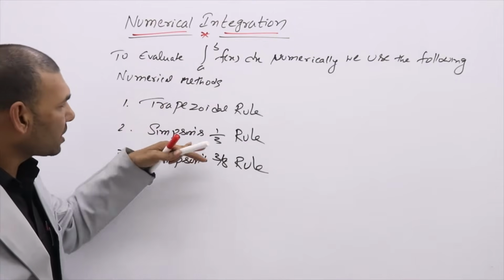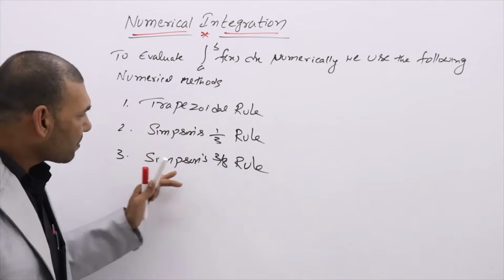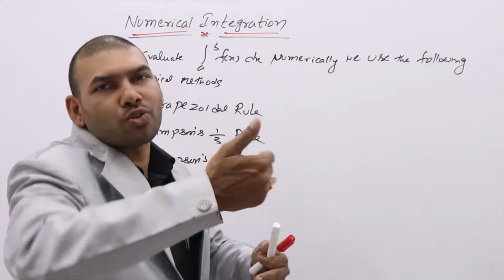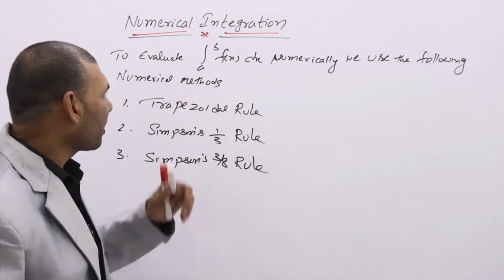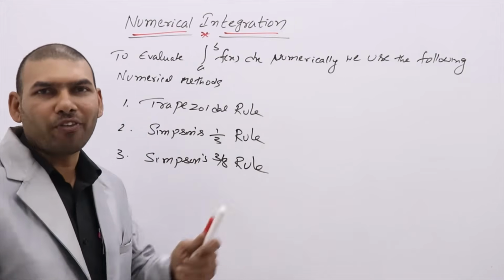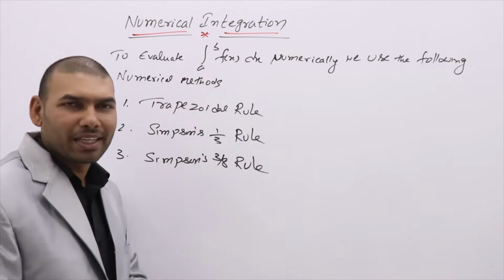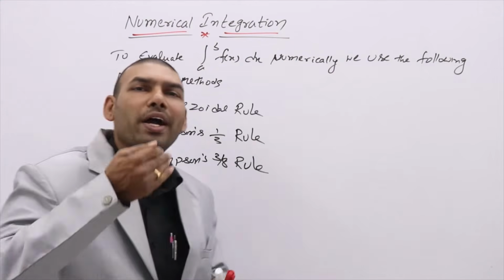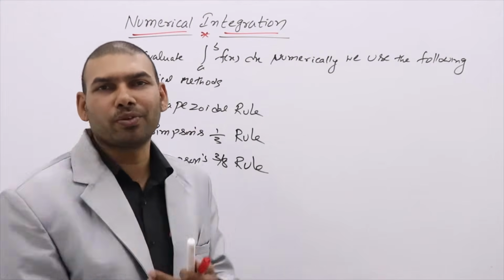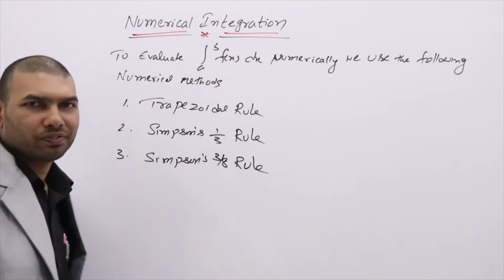Compared to the trapezoidal and Simpson's 1/3 rules, Simpson's 3/8 will be very close to the actual. For example, 6 is the exact answer. If the trapezoidal rule gives 4.5, Simpson's 1/3 gives 5.2, and Simpson's 3/8 gives 5.9. A better value we will get.